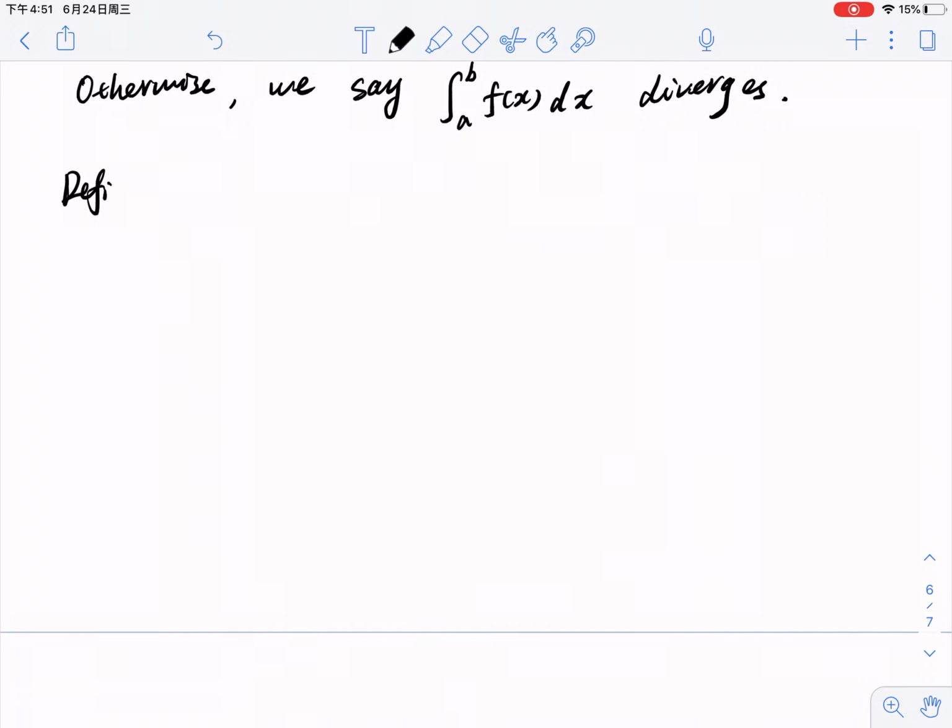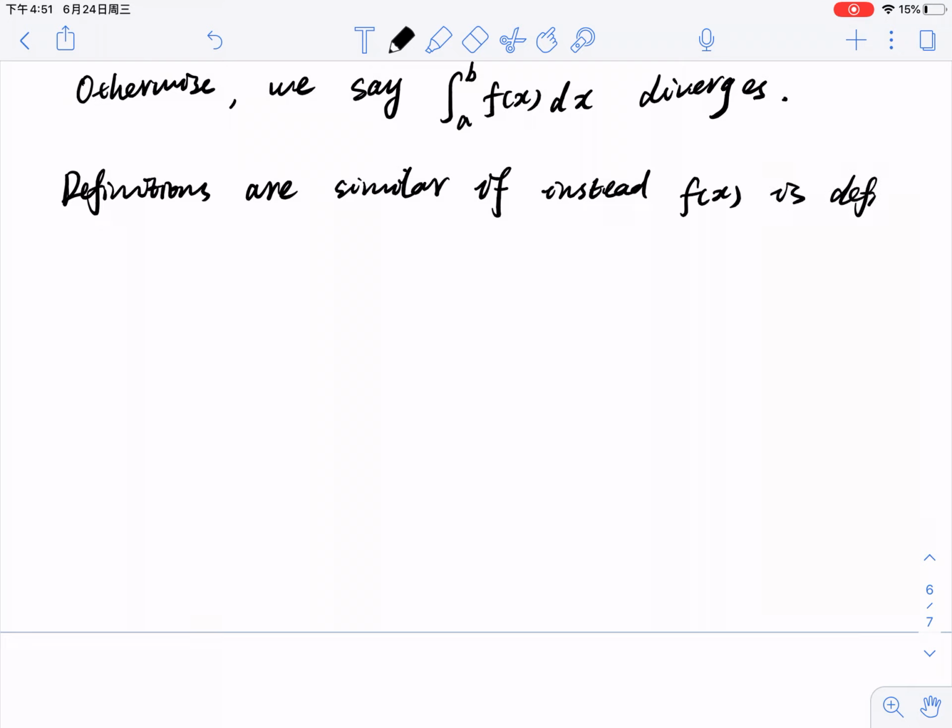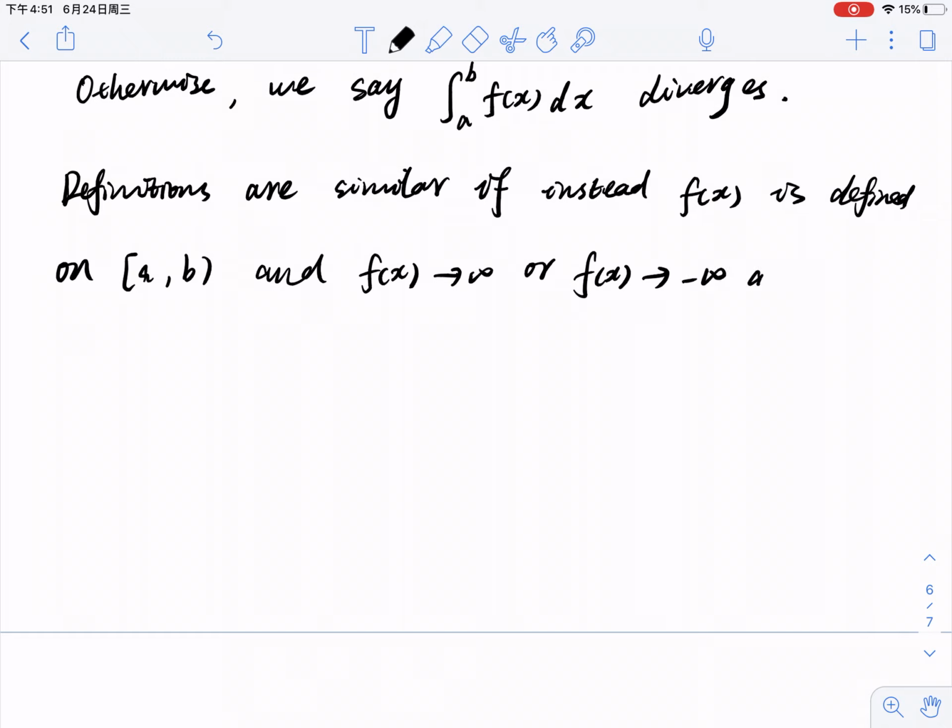Definitions are similar if instead f(x) is defined on a to b and f(x) goes to infinity, or f(x) goes to negative infinity, as x goes to b from the left.